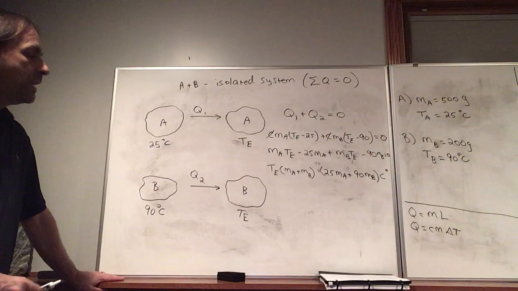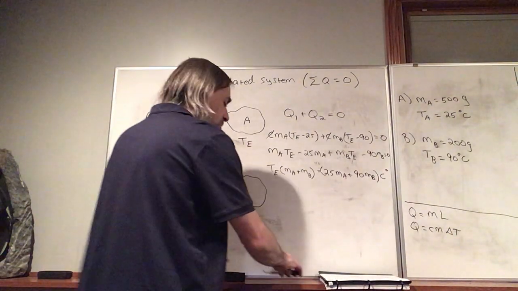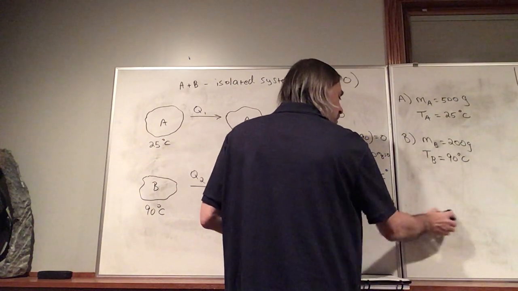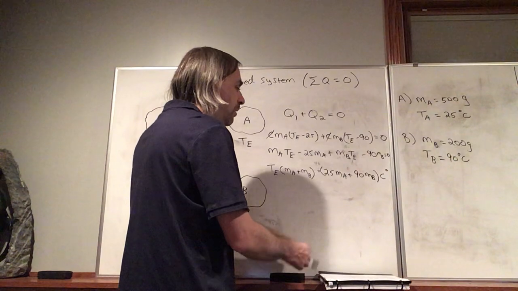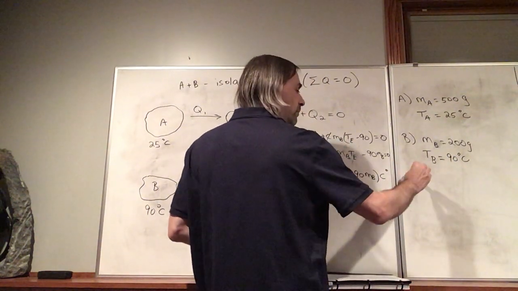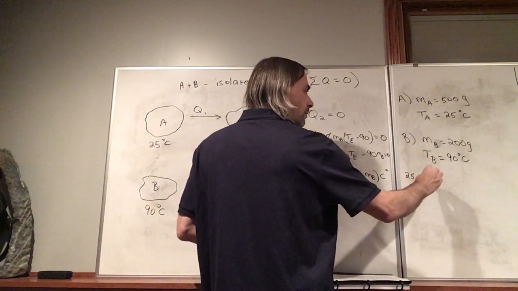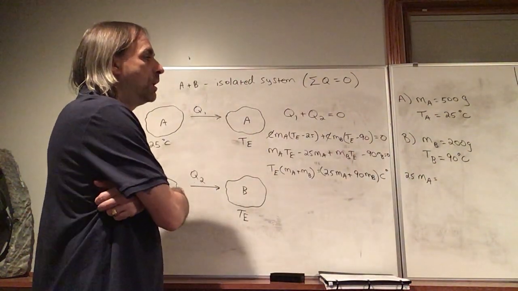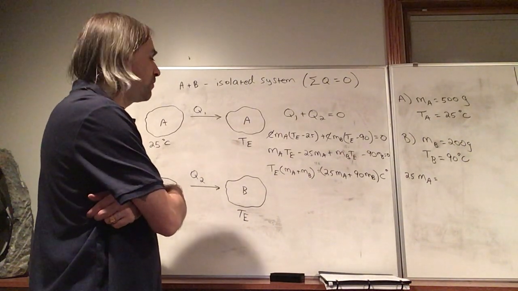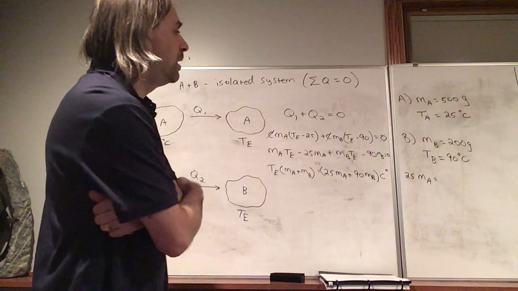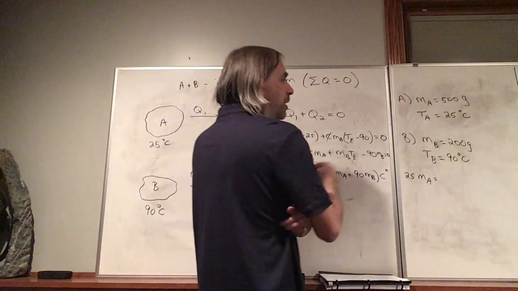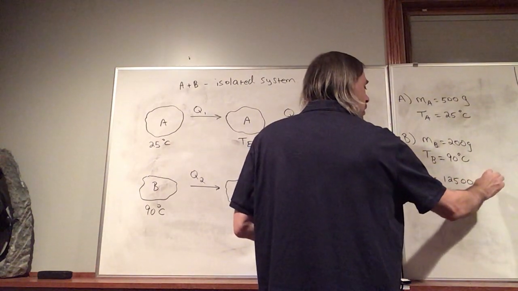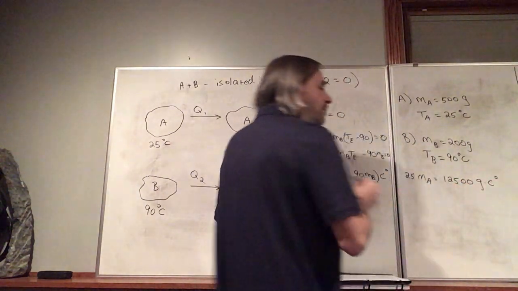So what I want to do, I can put these equations somewhere else. Let's look at these pieces. Let's look at 25 M A. So 25 times 500. We're probably going to want to convert. No, we don't need to convert. Never mind. 25 times 500. 25 times 5 is 125, and that would be grams times Celsius degrees.